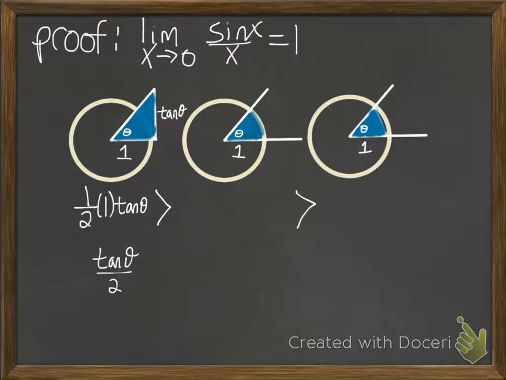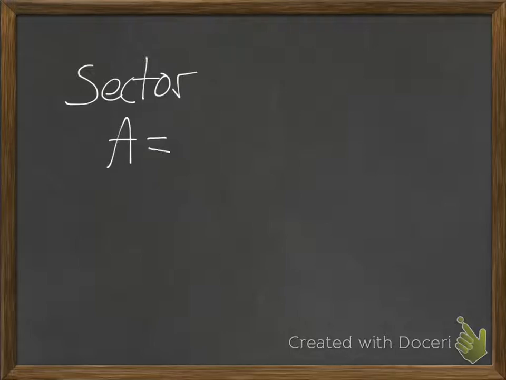Now to compute the second area, you're going to have to reference how the sector area works. Sector area for a circle, you may recall, area is 1/2 theta r squared. It's the area of a sector of a circle.